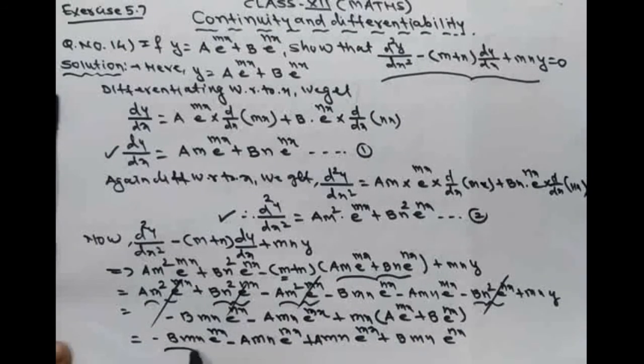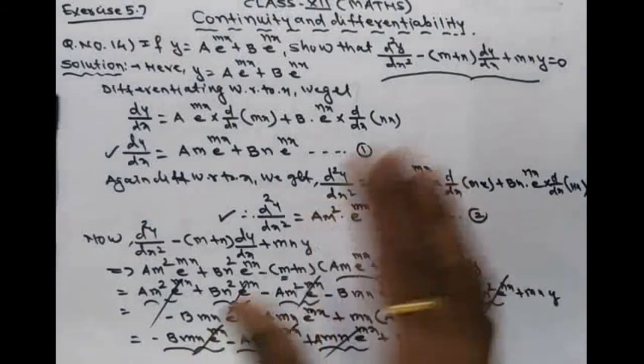So see, minus b m n e^(nx) and plus b m n e^(nx) cancel, minus a m n e^(mx) and plus a m n e^(mx) cancel, so you get 0 here, means this value comes 0. In this way we can show this.